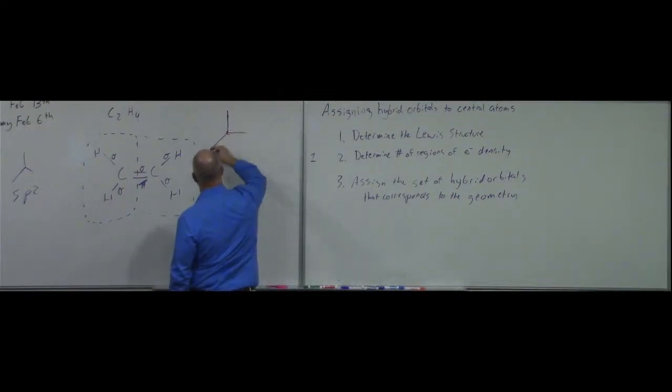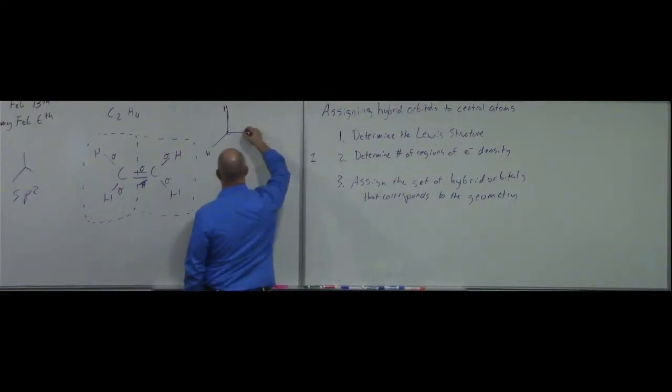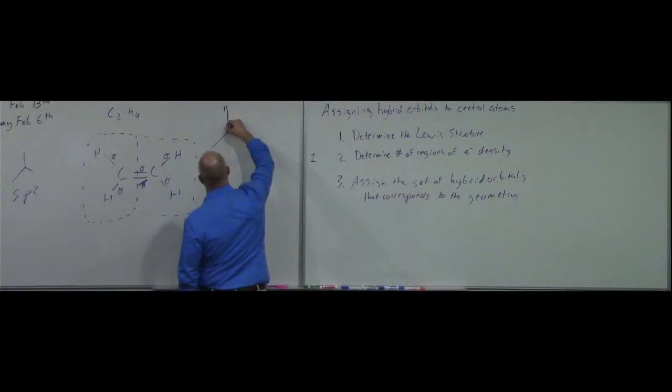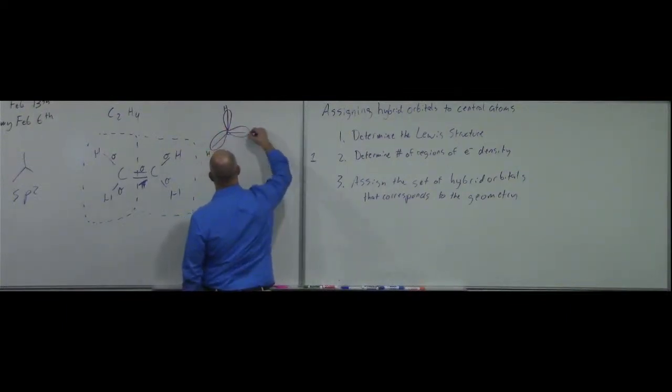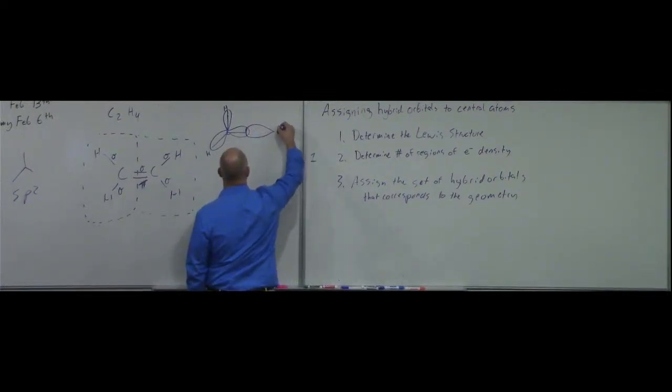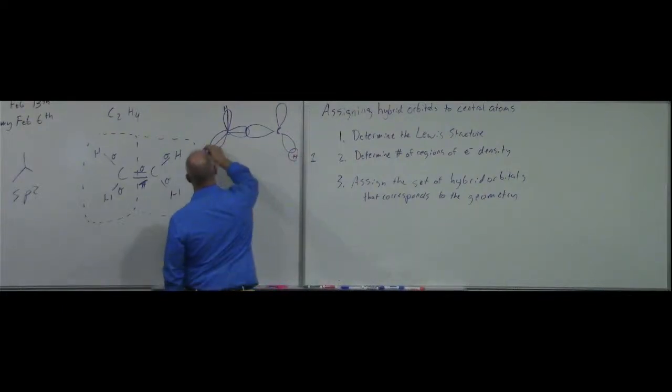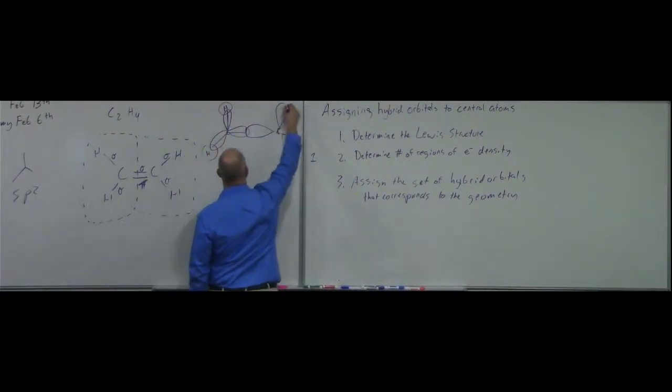Here's carbon, here's hydrogen, and it's going to form a sigma bond. I'm going to overlap with another one, with my carbon. Here's my hydrogen, it's going to overlap, hydrogen's going to overlap, one more up here, right?